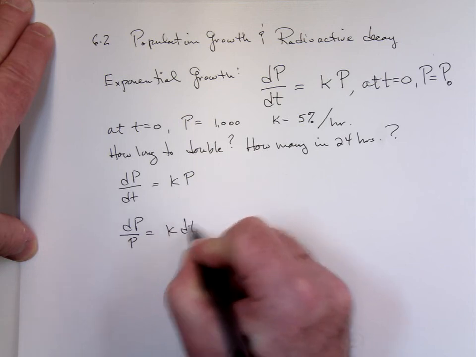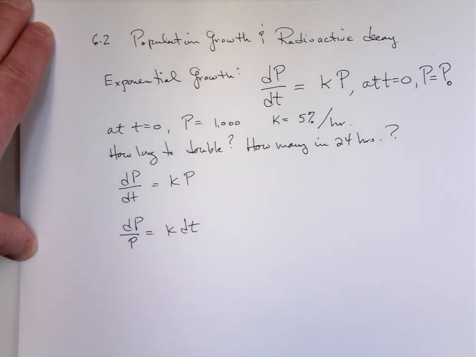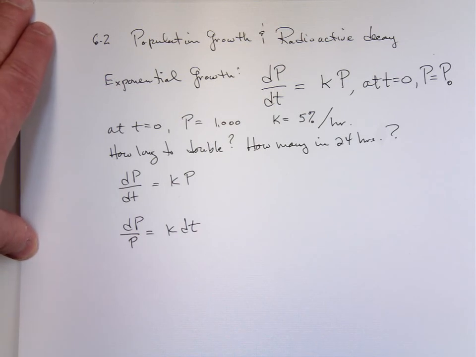And then what are we going to do to solve this differential equation? What did we do to each side? In the beginning of the chapter, we had antiderivatives, remember that? And we had to solve the differential equation, and I gave you a technique for doing it.